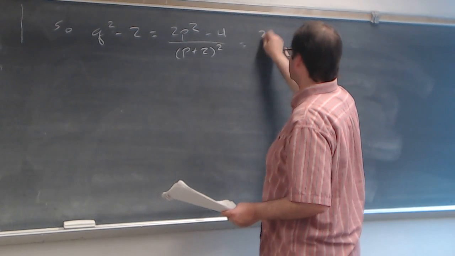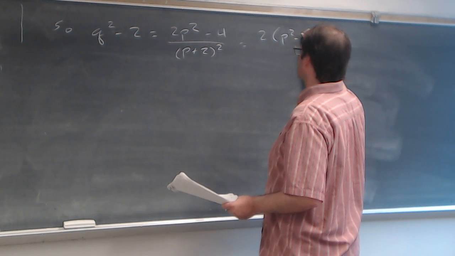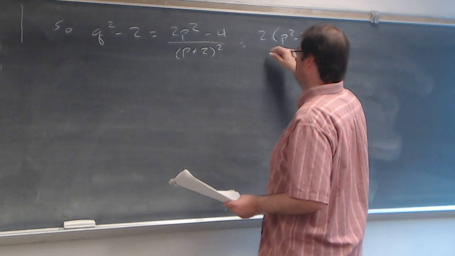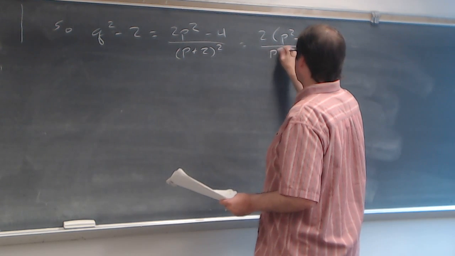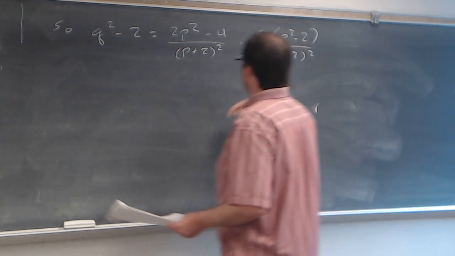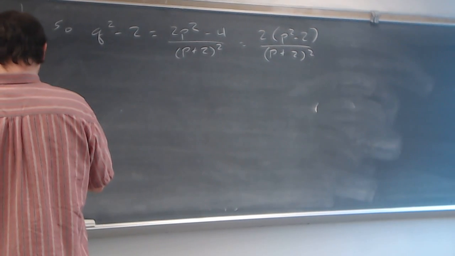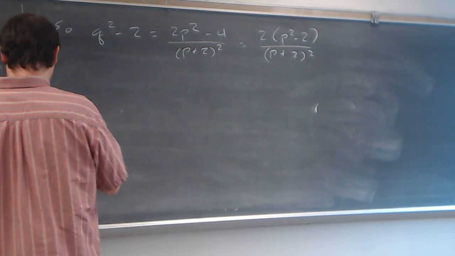Here you can factor out 2, so you get 2 times (p² minus 2) over (p+2)². And then this reduces a little bit more, but we'll leave it in that form.